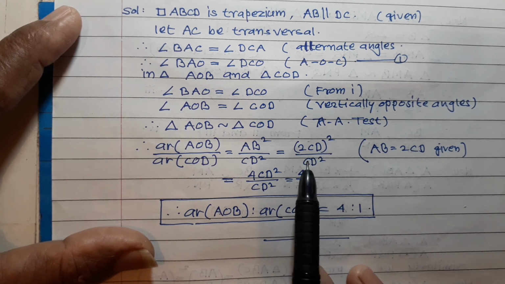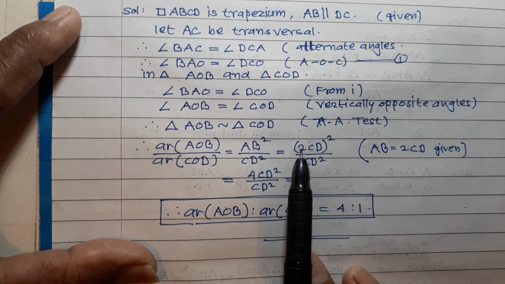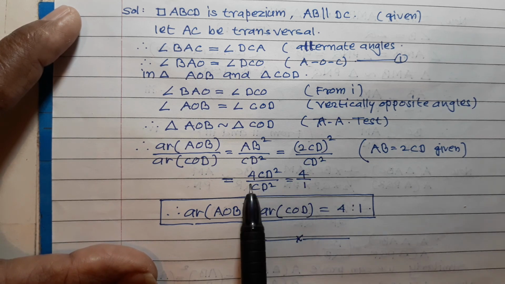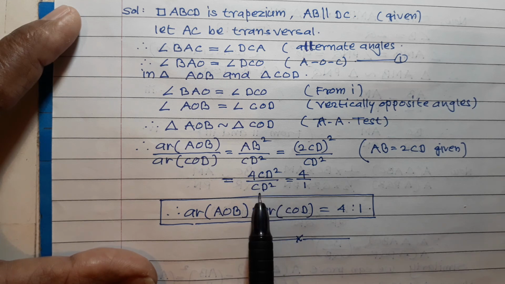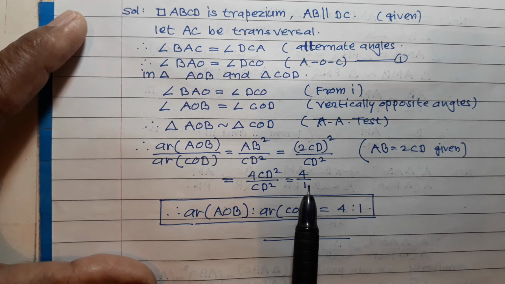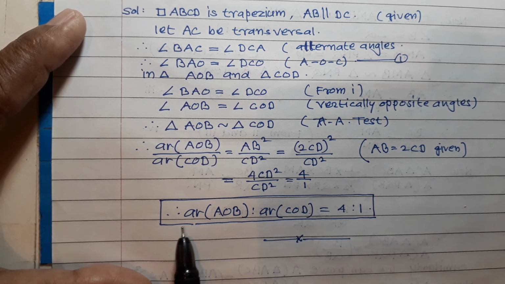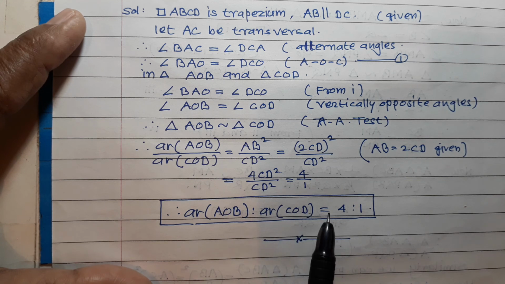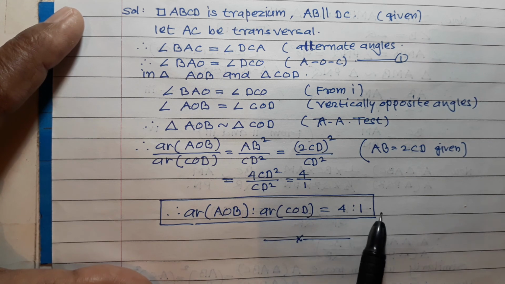So CD square gets cancelled and this is equal to 4 upon 1, and hence area of AOB to area of COD is equal to 4:1.